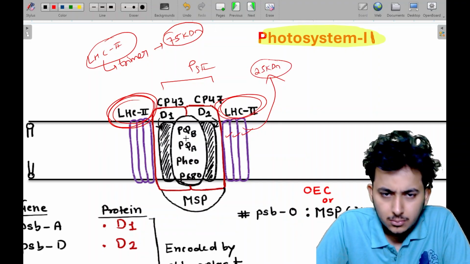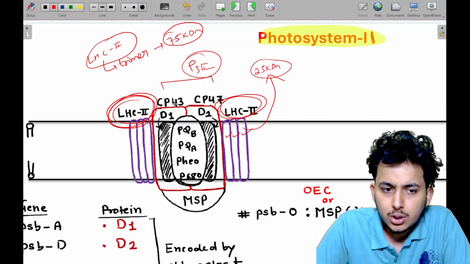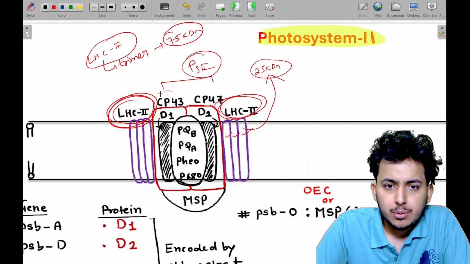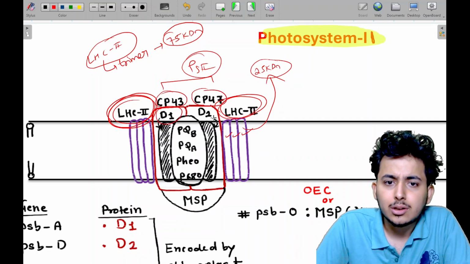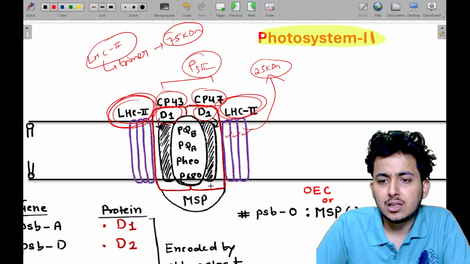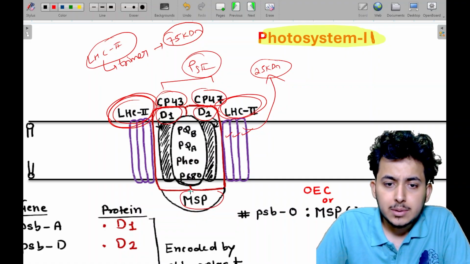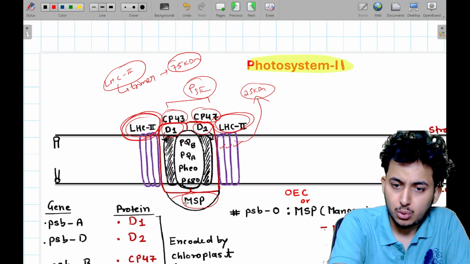Now, in PS2 you have different proteins: CP43, CP47, D1, D2. These are different proteins, and there is also an MSP protein, which is nothing but manganese stabilizing protein.